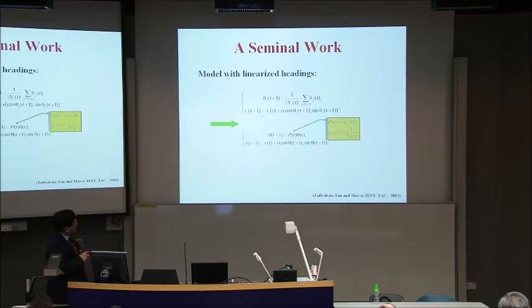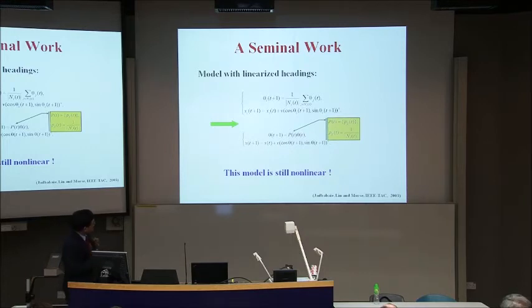You will have this time-varying linear system. But it's still nonlinear, because theta depends on this equation, and P also contains N_i, and N_i depends on x_i. So it is still a nonlinear equation.